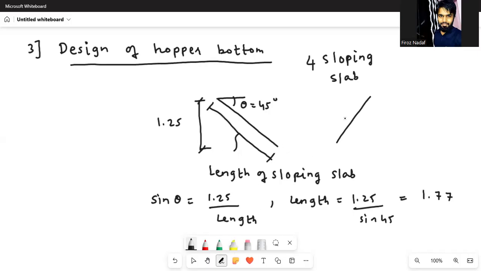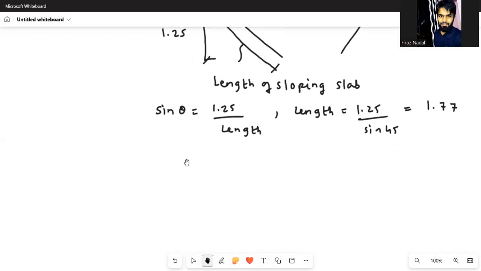And how many sloping slabs do you have? You have 4 sloping slabs in case of rectangular or square bunkers. So we will find the self weight first.